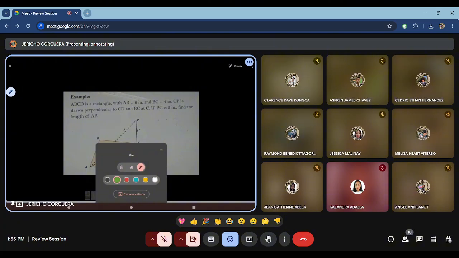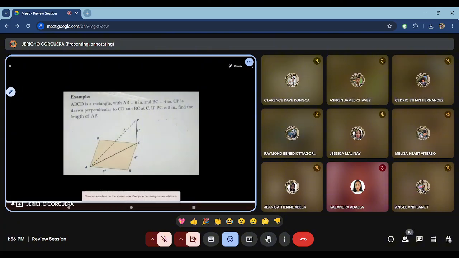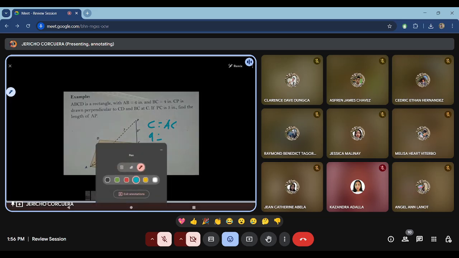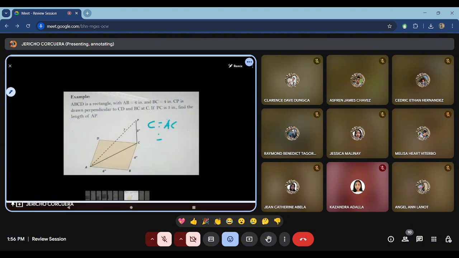So we'll just label it like this, where C is actually AC, and then A is CB, and then B is AB.